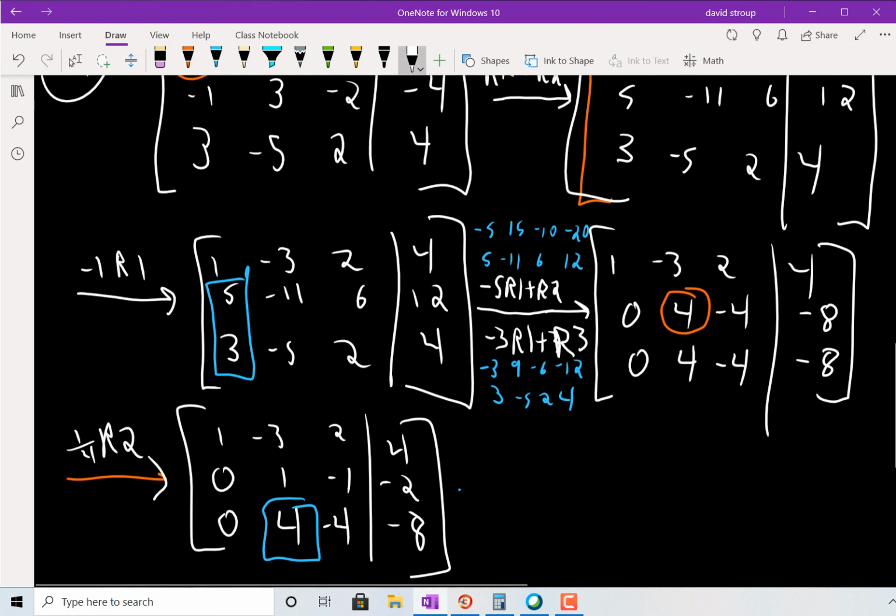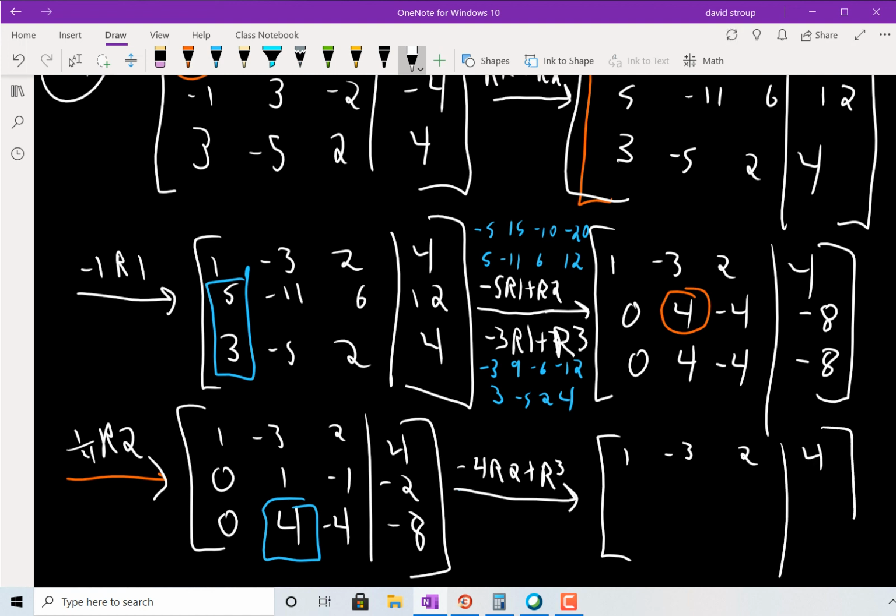Okay, so of course you go -4, row 2, you just use the row above it, plus row 3, and row 1 does not change. Row 2 does not change, but row 4 does.